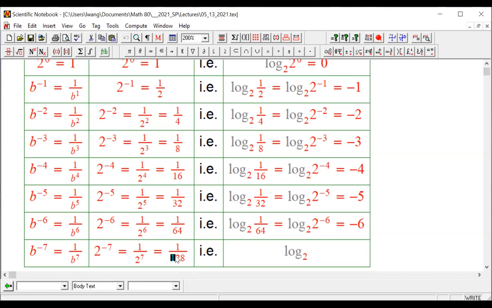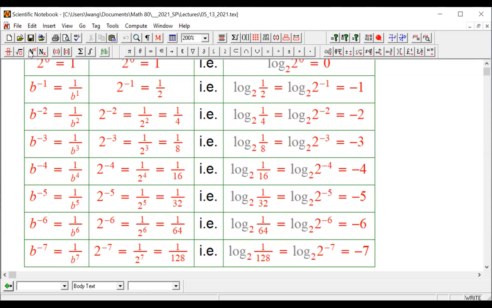And this is log base 2 of 1 over 128 equals log base 2 of 2 to the power of -7, and that equals -7. Okay. All right. So that's about negative power, right? We did a positive power, we did some negative power, but they're all whole numbers.